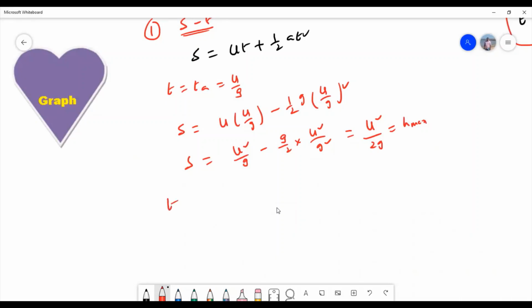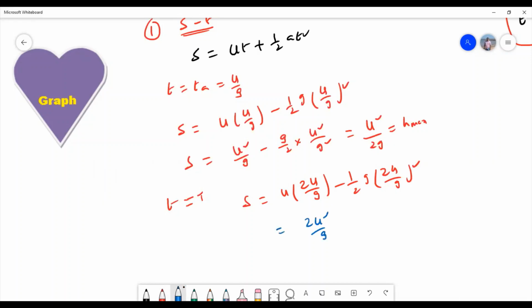Now when time is equal to time of flight, what is the distance? S is equal to, again I use the same formula, u into time of flight, which is 2u by g, minus half g into 2u by g whole square. Let us simplify that. 2u square by g minus 1 by g into 4u square by g square.